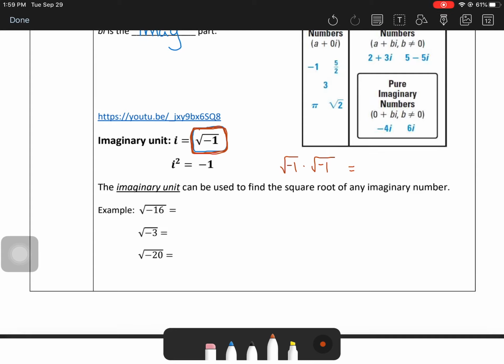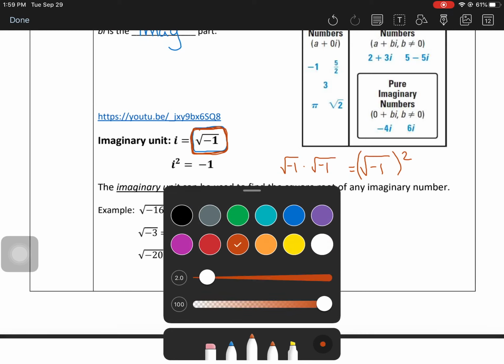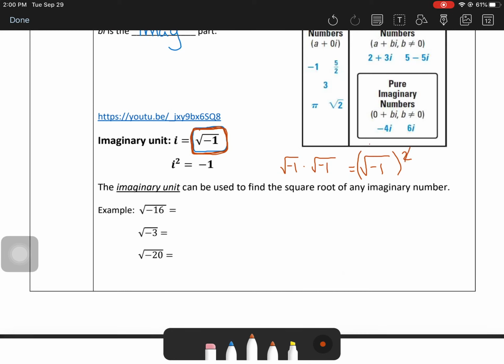Remember that that would be the square root of -1 squared. A square and a square root cancel each other. And so this would mean that that would be a -1 as our solution.